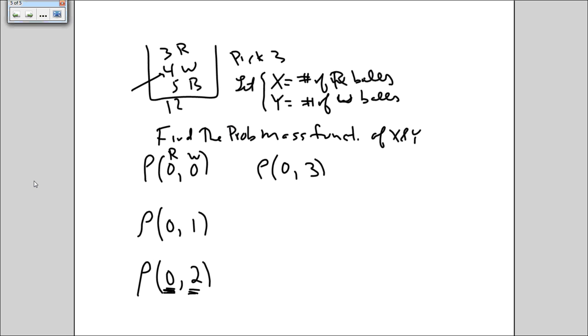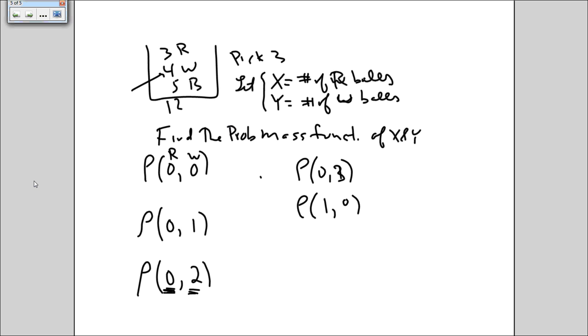So I wrote down all the cases where the number of reds is 0. And I do want to move this over a little bit. I need the space. Okay, so we had 0, 3, excuse me. Well, now what if you get 1 red?